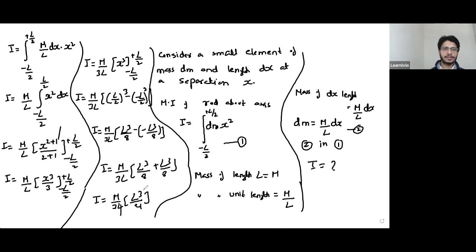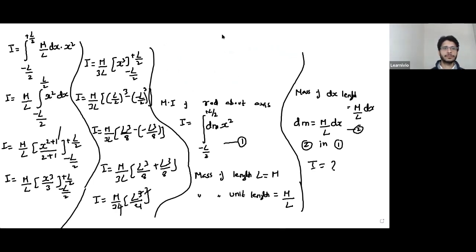Now I can cancel this L with this cube, only square is left. So I is ml square by 12. This is the moment of inertia of the rod.